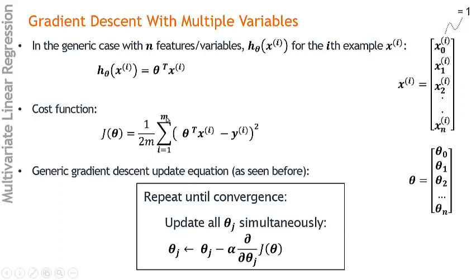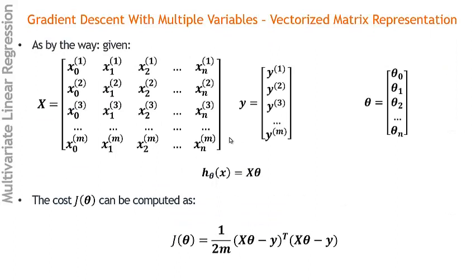It's the sum of m terms, where each term is a square, and this is the ith component of the error vector. So you're multiplying the ith component of the error vector with itself and summing over all of the components. So in fact, it's an inner product of this error vector with itself. So I can write it as the error vector transpose times the error vector. Okay, let's continue.